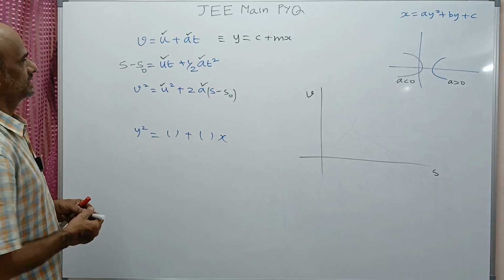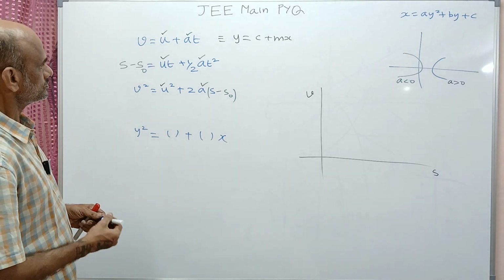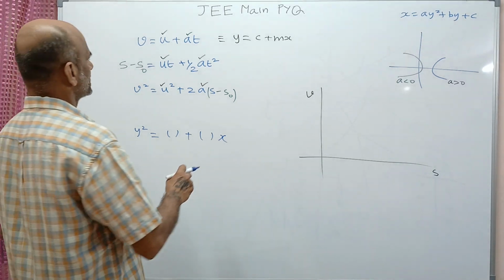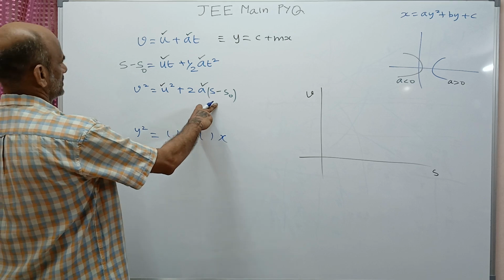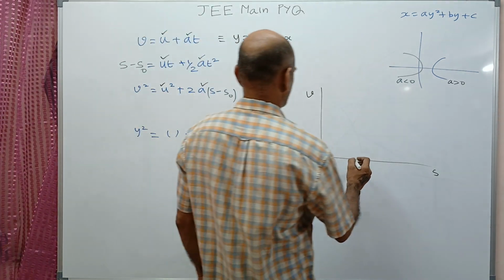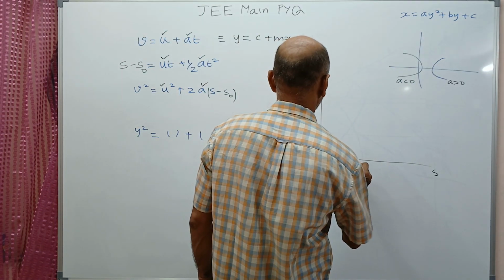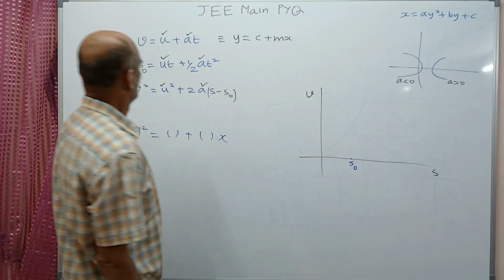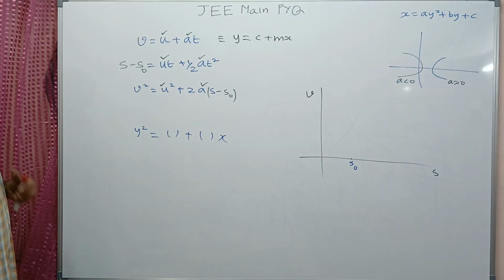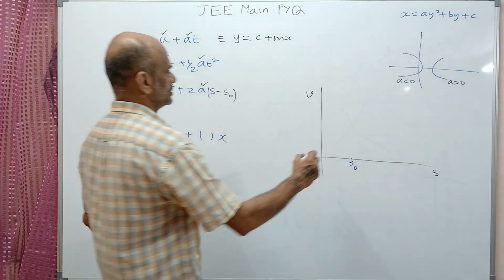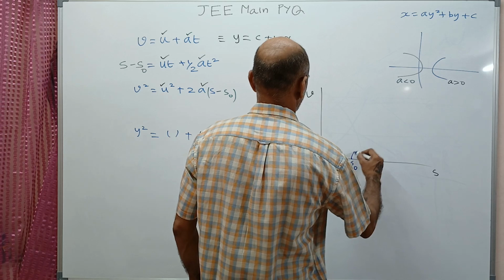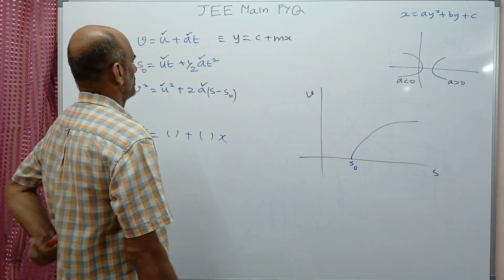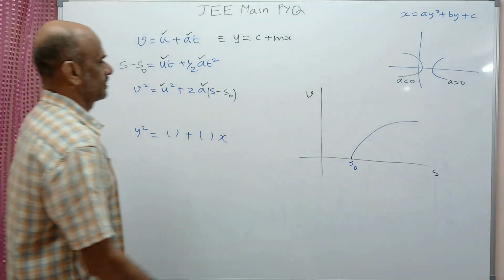And one more thing: at initial time, s is s naught. And then v will keep on increasing as s increases. So this is one possibility where a is positive.